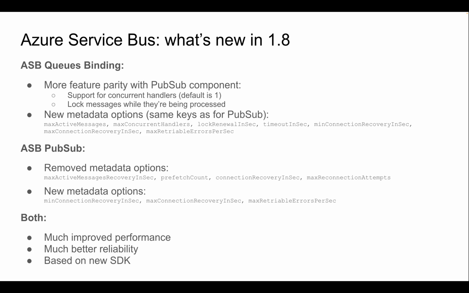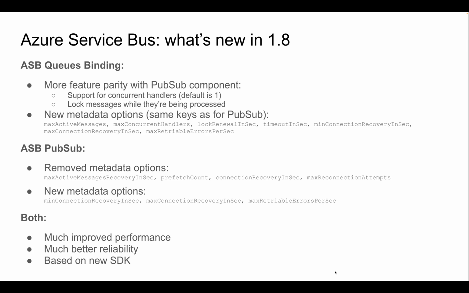So if you're using Service Bus and you were depending on those metadata options, if you feel that you need to change them because of your application's requirements, please take a look at the updated documentation and see if you need to make any change. For most users, just accepting the defaults will give you much better performance and a much better experience without anything to do.